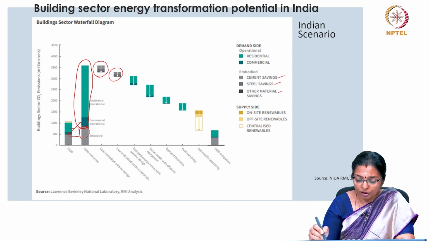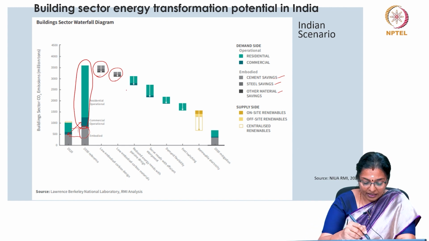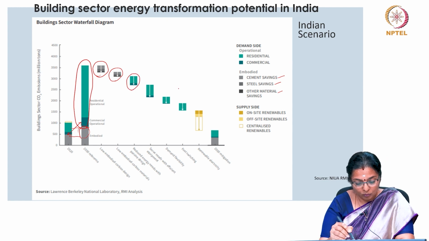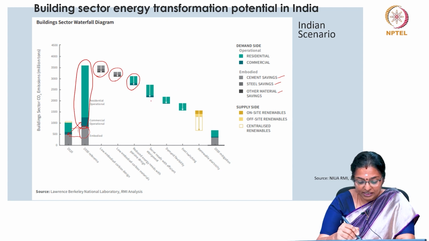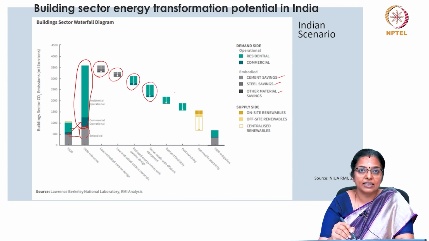They consume a lot of energy, and reduced energy needs through passive design can also be one reason how we can reduce the demand. If we serve needs with efficient equipment, further the operational energy can come down.